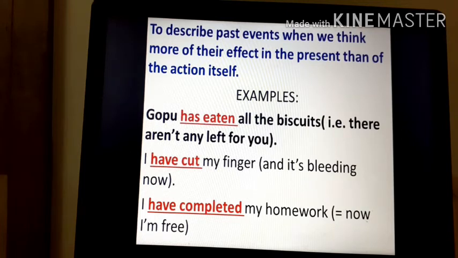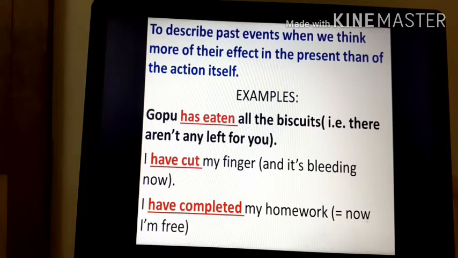So, as you can see, the very first sentence, Gopu has eaten all the biscuits. Here, has eaten is the present perfect tense. Here, we are talking about the event that is already done in the past, but we are basically trying to say that there aren't any biscuits or cookies left for you.